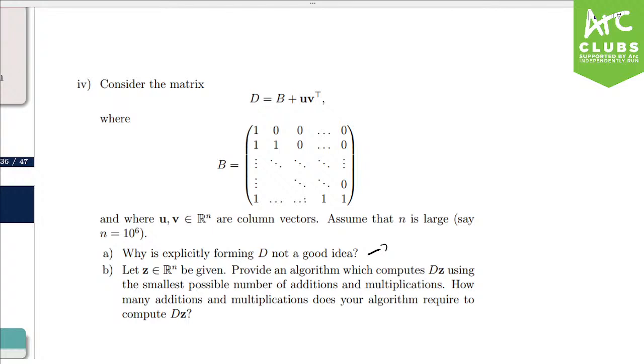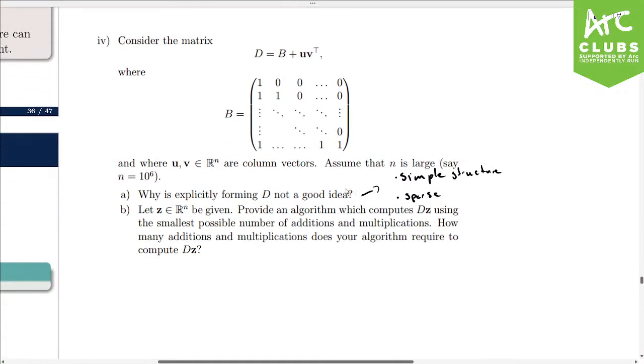So I think the justification in the answers was that currently it has a simple structure and it's sparse. And explicitly forming D ruins both of these properties.